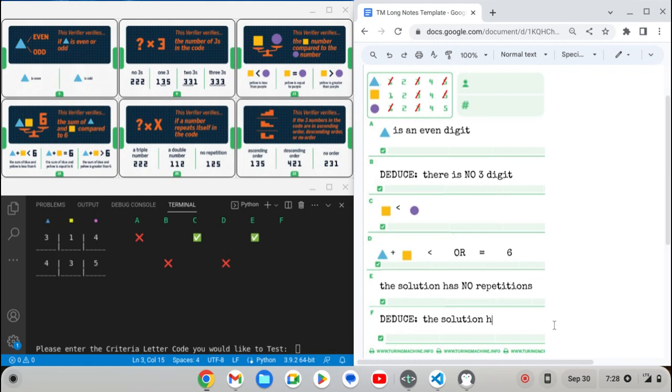And again, the reason I'm saying that is that if we assume the solution has an ascending order, that would definitely state that square should be less than circle. If it was descending, we would know that square is greater than circle.